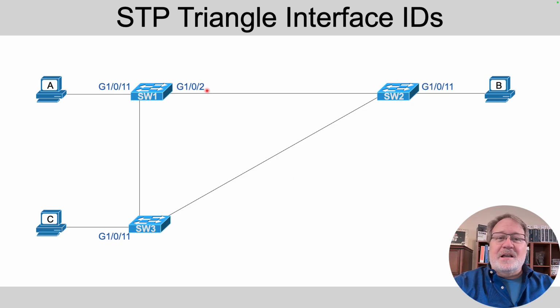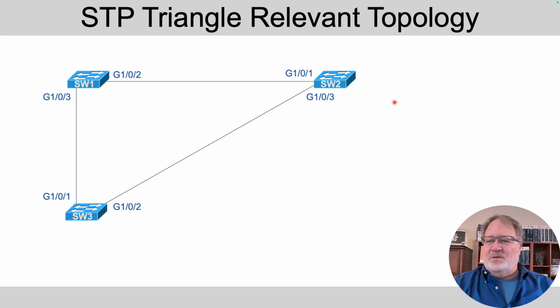That matches the switch number on the other end of the link. Gig 1/0/3 matches the switch number on the other end of the link. Over here on switch 2, the interface ID ends in 3, matching switch 3. Switch 3's interface that ends in 2 matches switch 2, and so on. So that's my convention for how I've numbered things there.